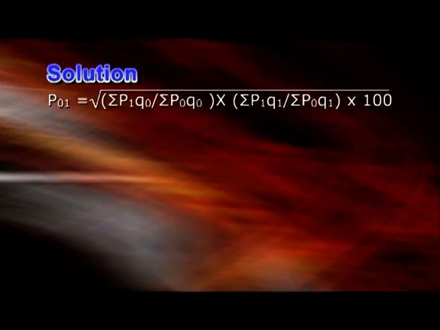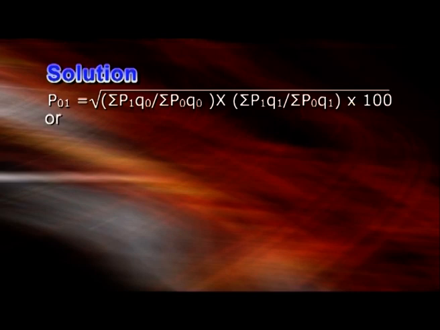In the next step, let us take the formula for calculation of the Fisher's ideal price index number. Price index is equal to the square root of the summation of the product of price of the current year and quantity of the base year divided by the summation of price and quantity of the base year, multiplied by the summation of the product of the price and quantity of the current year divided by the summation of price of the base year and current year quantity, multiplied by 100.